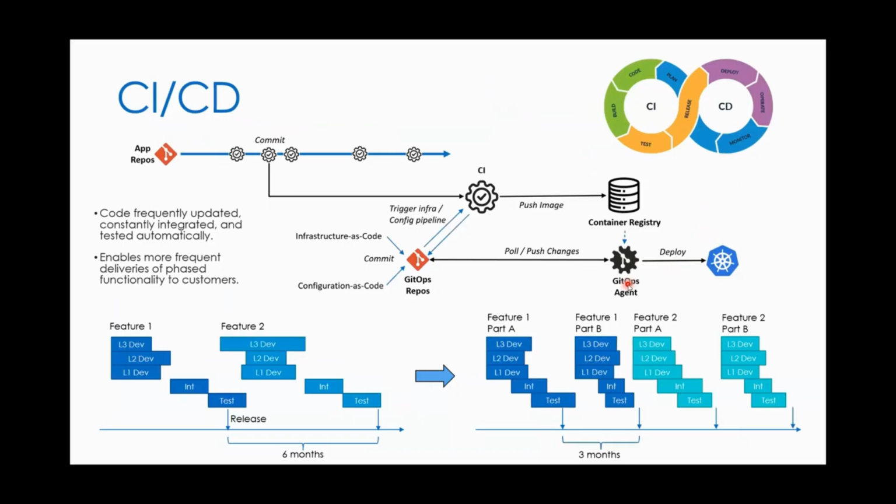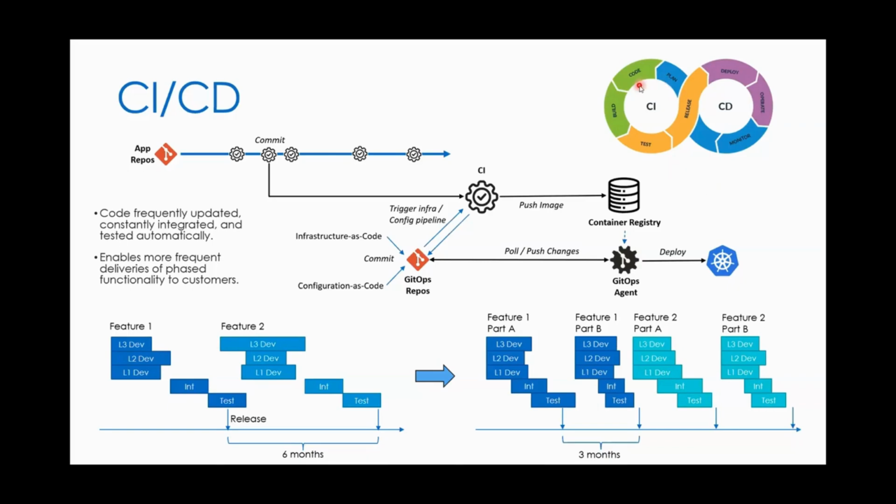Okay, CI/CD, or continuous integration, continuous delivery. This is a busy slide, so let's see if we can make sense of it. The general CI/CD model is used all over the industry and is pretty much the de facto software development model these days.